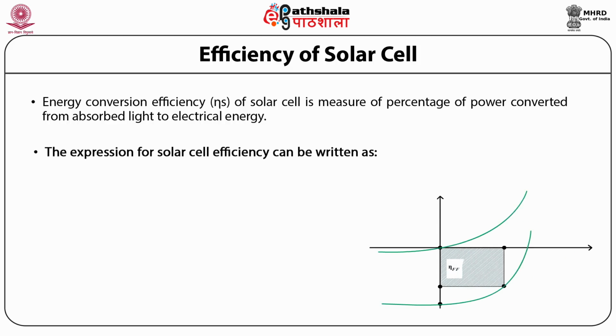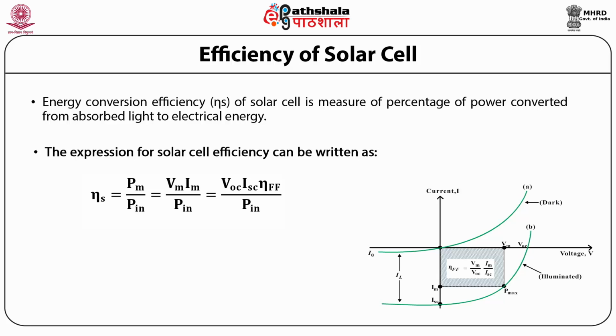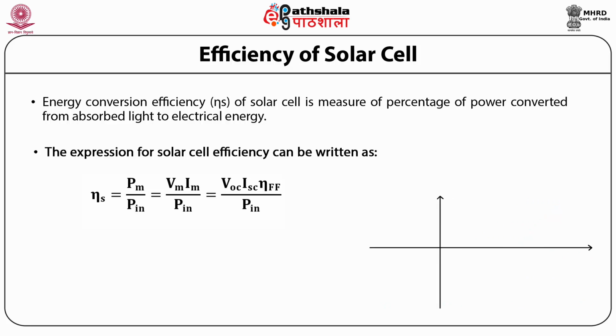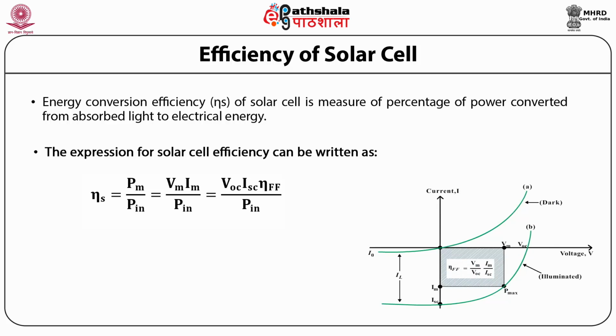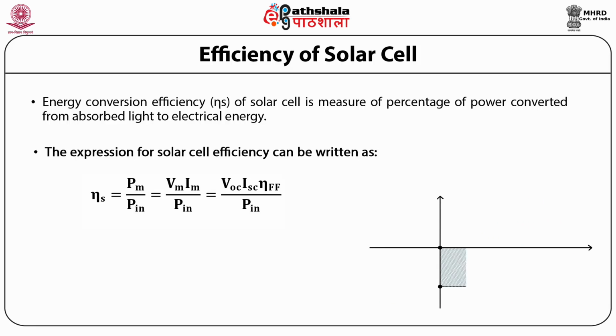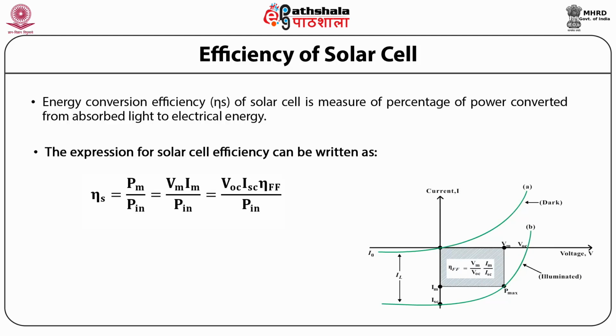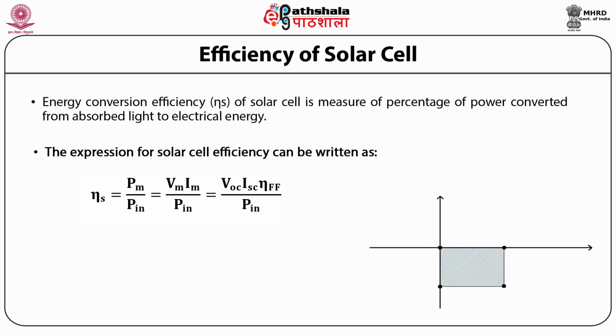The expression for the solar cell efficiency can be written as eta-S equals Pm divided by Pin, which is equal to Vm times Im divided by Pin, and this is equal to Voc times Isc times fill factor divided by Pin, where Vm and Im are the voltage and the current at the maximum or highest power point, which is shown in the figure also.